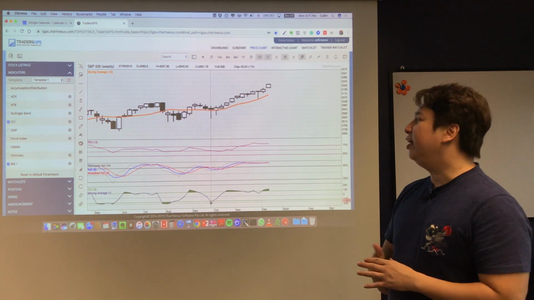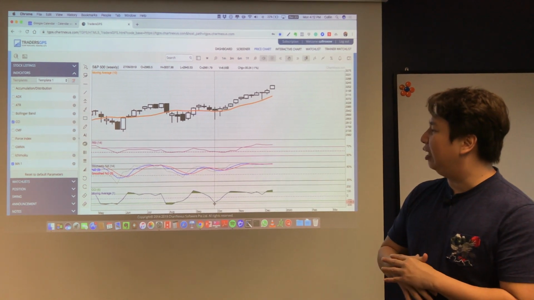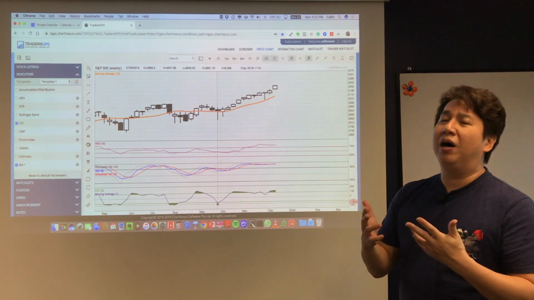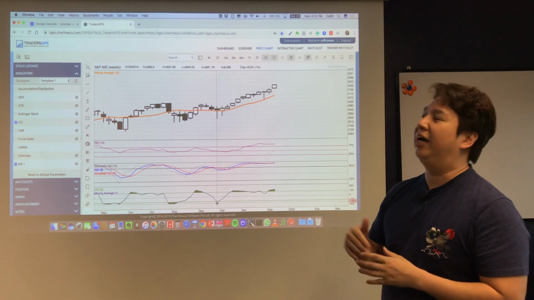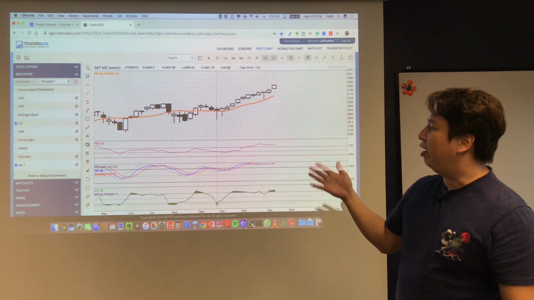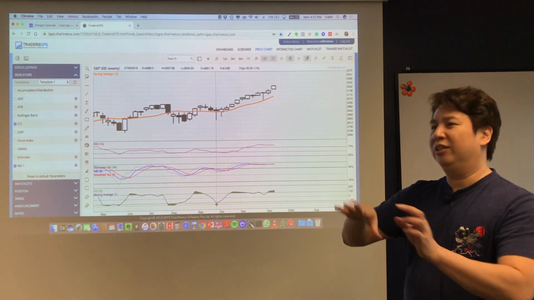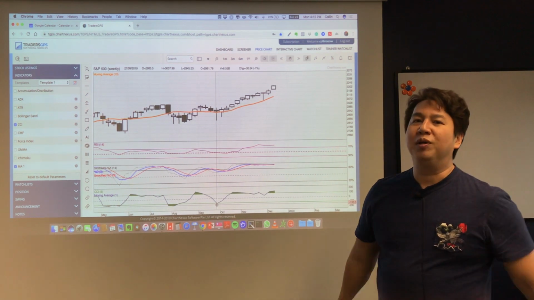The second thing I prefer this is because I don't need to change any parameters. I can stick to those parameters and just fix it. But for RSI, stochastic, or even MFI, momentum, all these things, there are so many parameters. I really don't know which parameters to use.